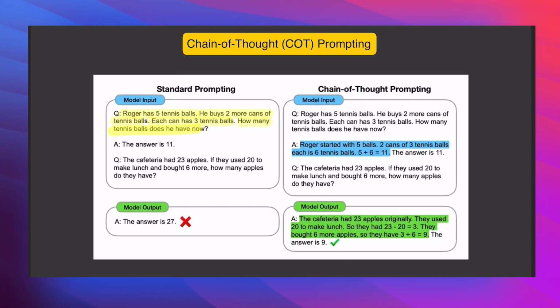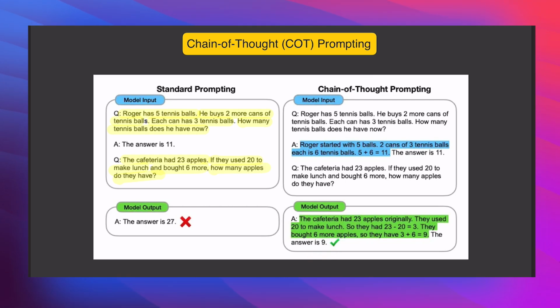How many tennis balls does he have now? We are just giving the answer as 11. Then we ask a similar question: the cafeteria had 23 apples. If they used 20 to make lunch and bought 6 more, how many apples do they have? It gave the answer as 27, which is wrong. The right answer is 9.